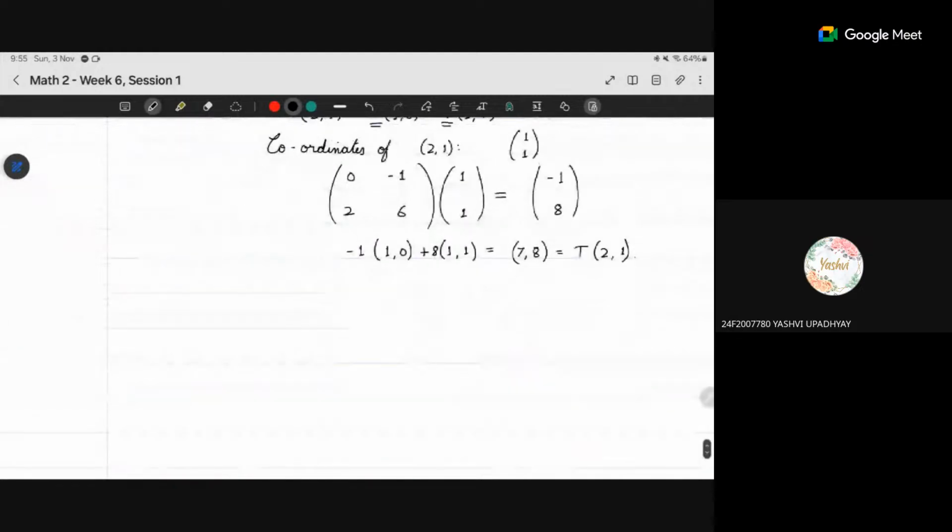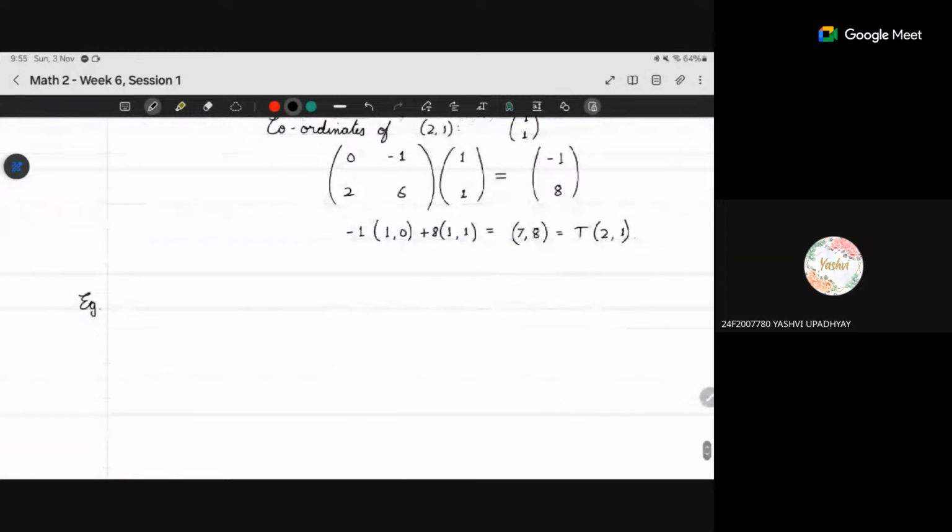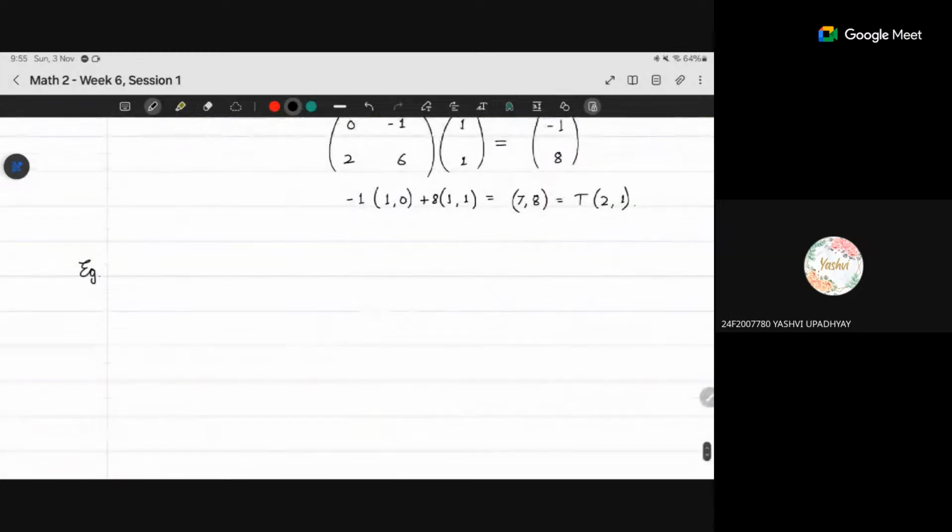So one example which might make it clearer, or show you the strength of this, consider this transformation x minus y, y minus x. This was the thing that we did earlier. Right? So what is the matrix representation of T with respect to the standard basis? One zero zero one.